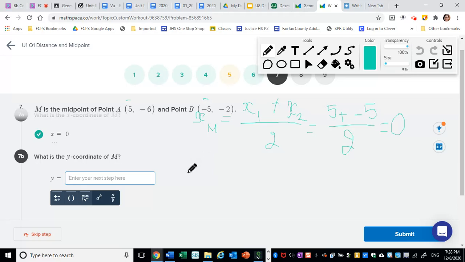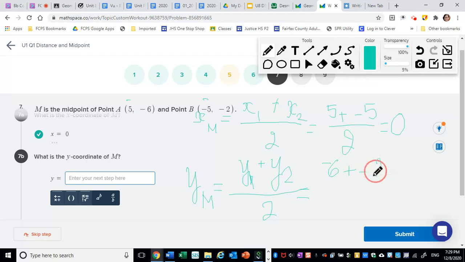So it's the same formula. The y of M is you add y1 plus y2, and then divide by 2, right? y1 is -6, y2 is -2.